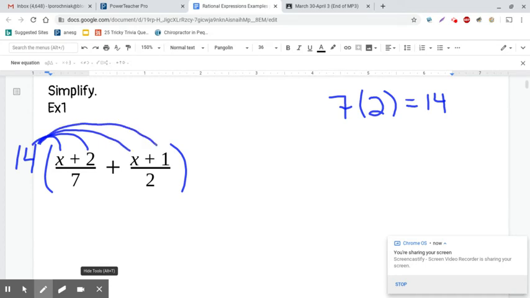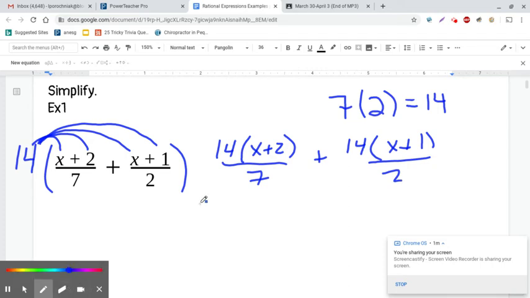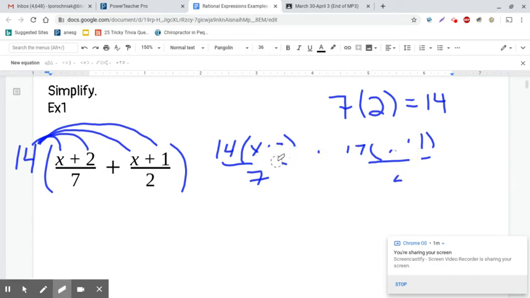Essentially, guys, that would look like 14 parentheses x plus 2, because we're multiplying it all by the same thing, plus 14 times x plus 1 over 2. What I just wrote out is just the background of it. So for right now, I am going to erase that, but that just kind of shows you what you're doing.